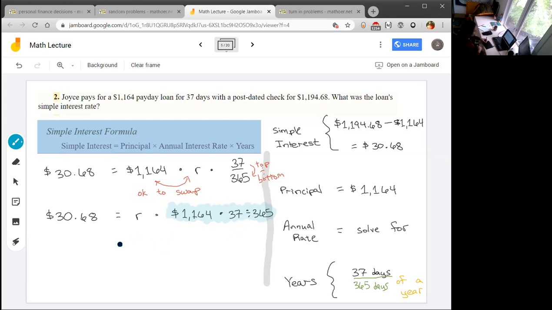So now we have two different styles. Some people want to take that thing and write a single number here before we move on. Other people are going to say, I don't need to know what that number is. I'm going to jump right away to say, I'll divide it by parentheses 1164 times 37 divided by 365. So you pick. Do you want to do a divided by 3 things in parentheses, or do you want to first make this just one number so it looks nicer?